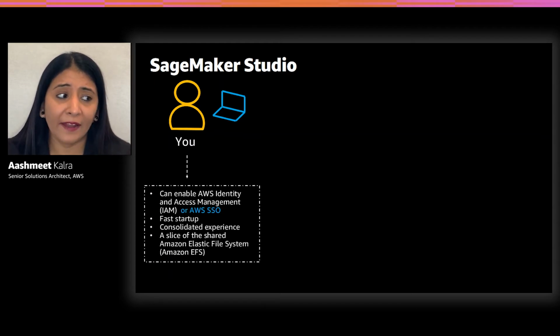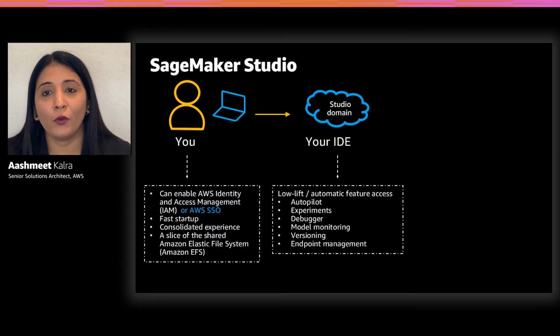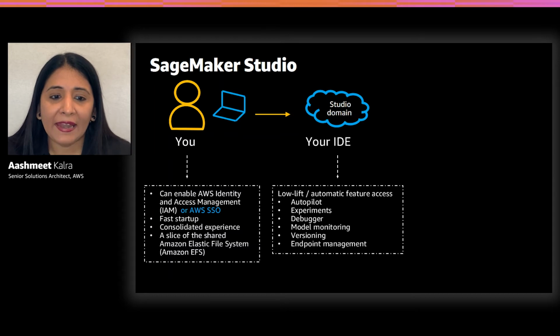Now, when a studio environment is created, a domain is set up. A domain comprises the list of users who have access to the studio environment, and an Elastic File System volume is created.